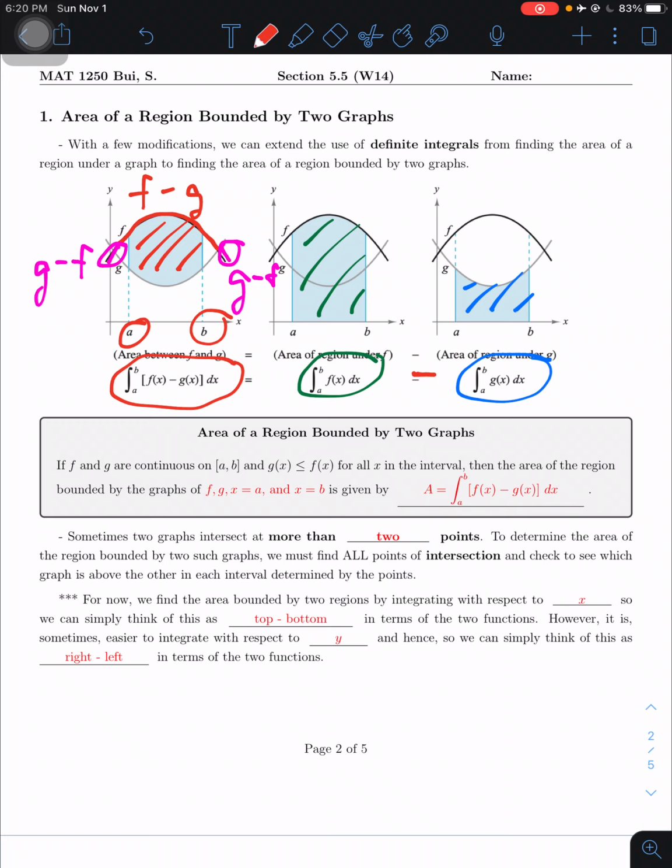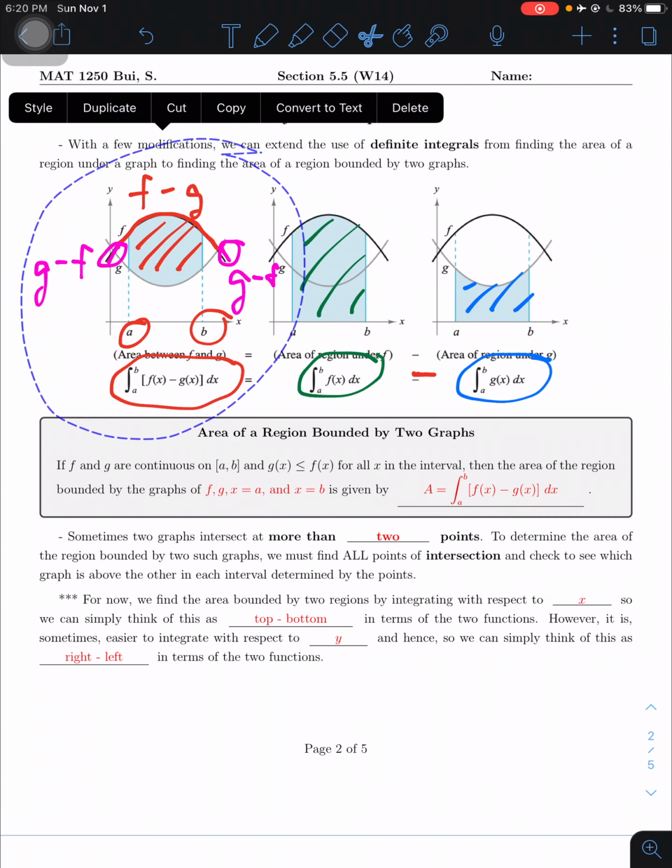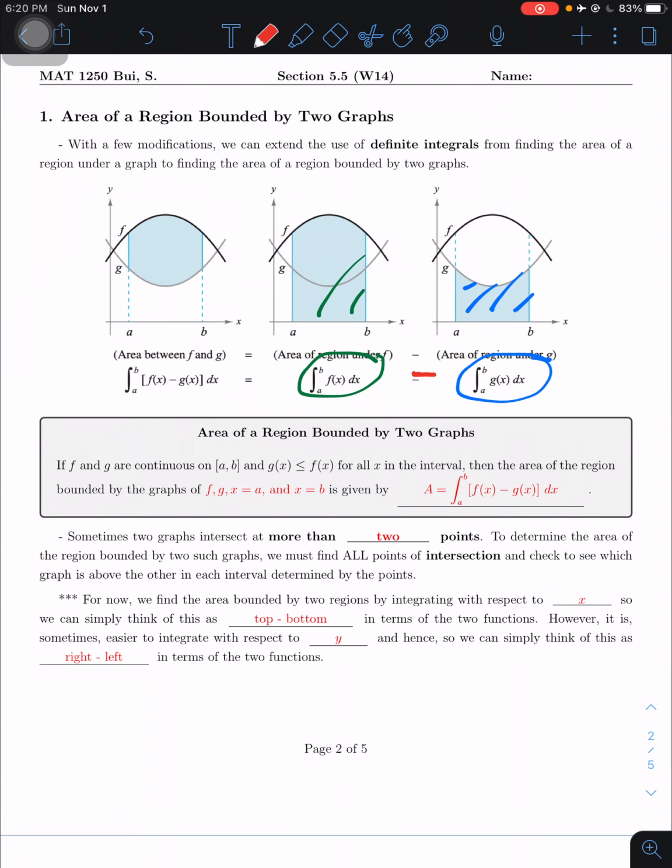Okay, so what does it mean by this, right? Let me just cut this thing off, and I'm going to show you what it means by those four regions. Okay, so we know that F is this piece in here, and G is this piece in here.